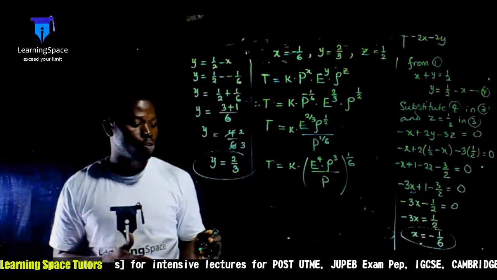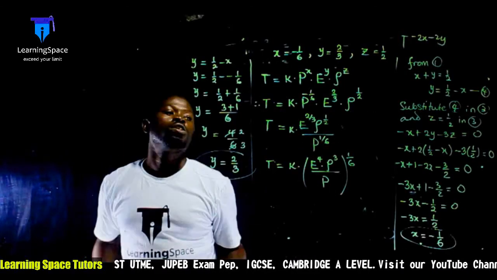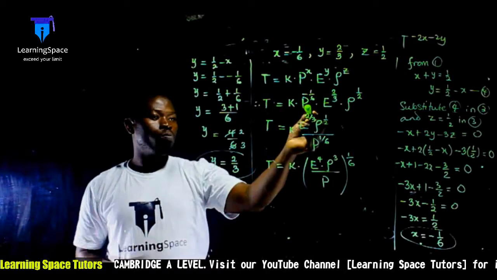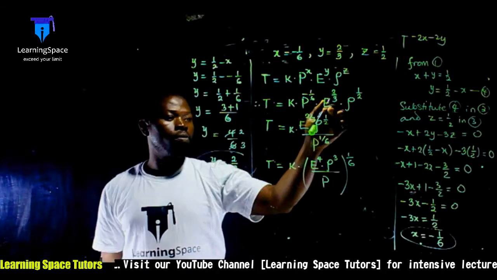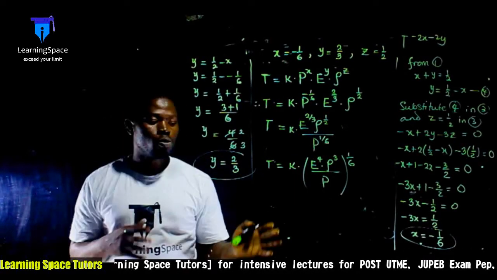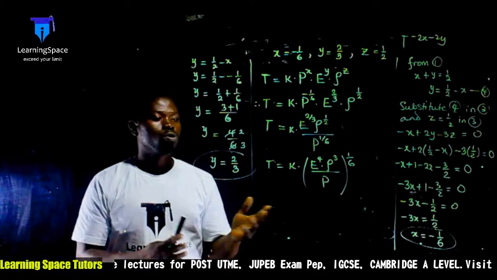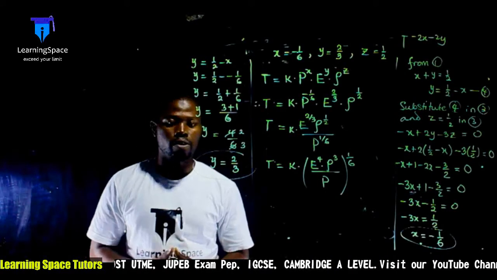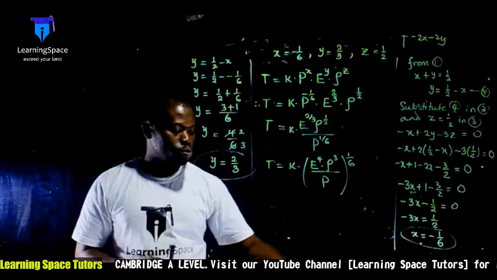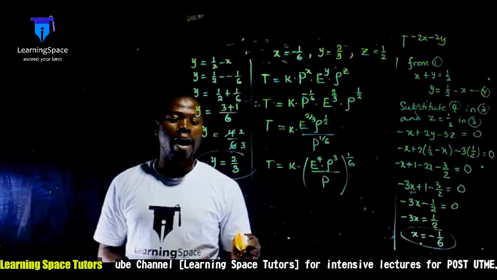It's a matter of choice for you to simplify to this level. Once you get to this point, you have established the relationship between the period, the water pressure, the blast energy E, and the density. So that is how we use dimensional analysis to establish a relationship between various physical quantities. Let's now move ahead to question 1b.